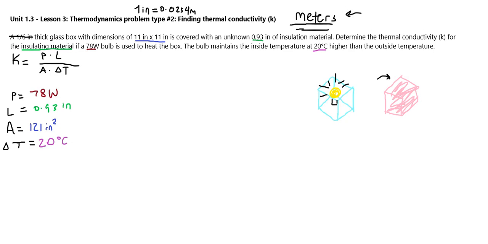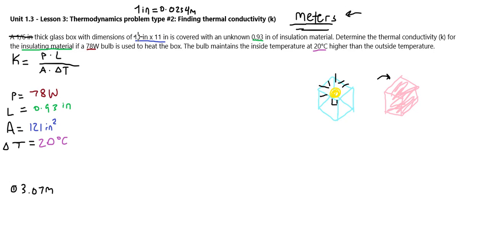So let's see what we get when we do 121 times that number. I'm plugging that in. So we get approximately 3.07 meters.